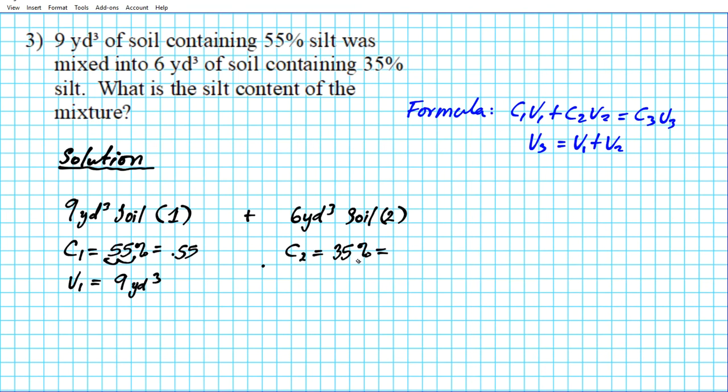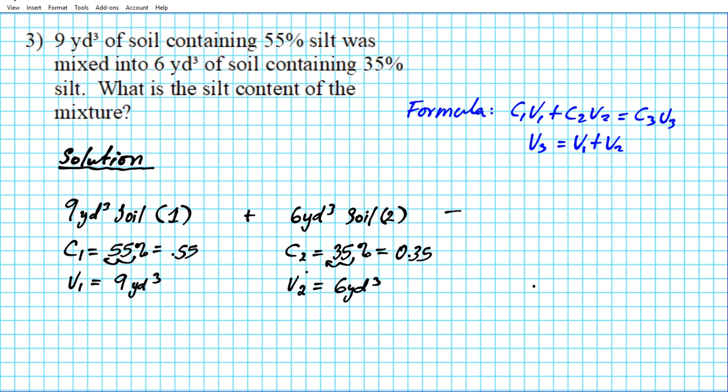If you convert that to decimal, you move your decimal point to the left 2 places, 0.35. And the volume of the second soil, the 6 cubic yard soil, V2, is 6 cubic yards.